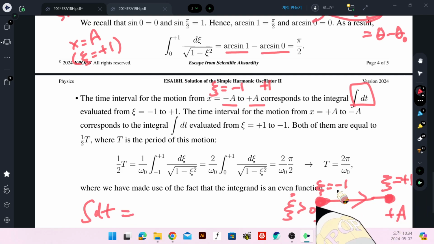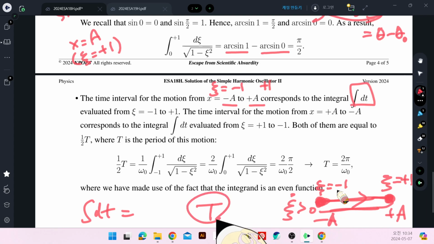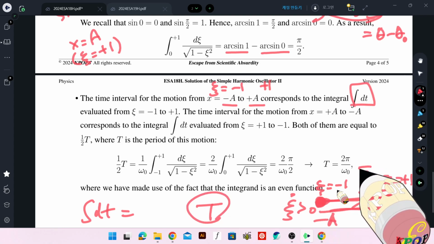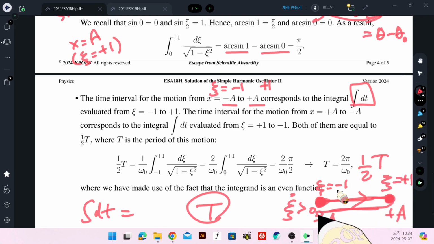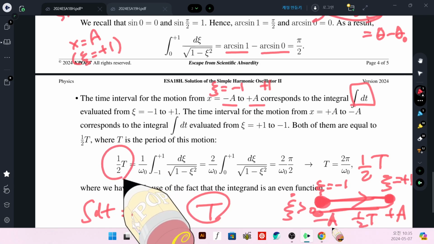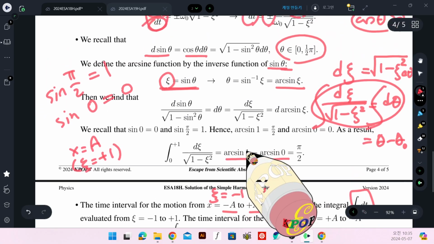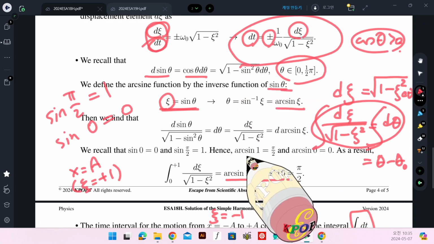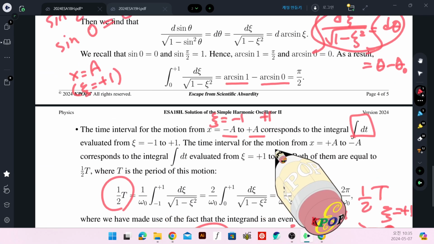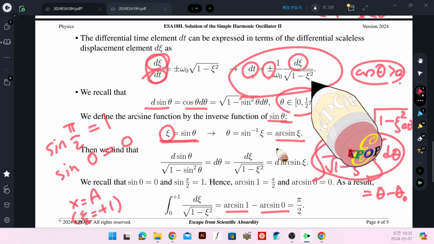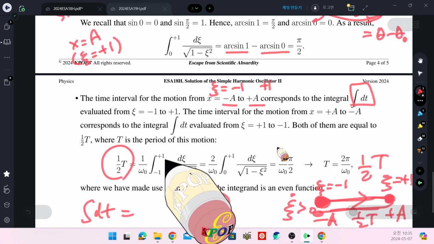This is just symmetric. So the period of motion is capital T, then the motion from this point to that point is 1/2 T. The motion from this point to that point is 1/2 T, to make the sum the period capital T. What we can find from the motion from minus a to plus a is 1/2 of T. So according to this relation, we have 1 over omega 0 from the value of xi equals minus 1 to plus 1.